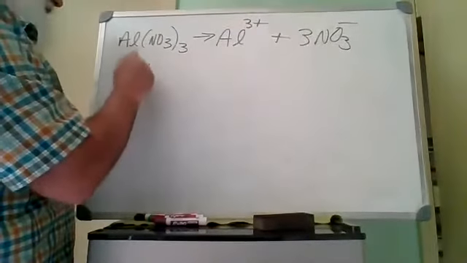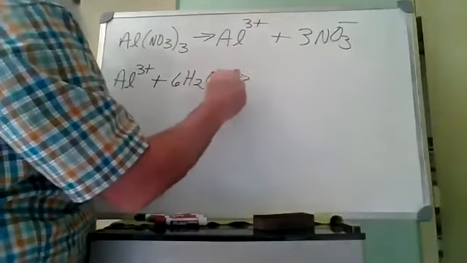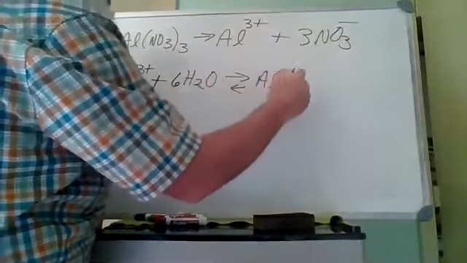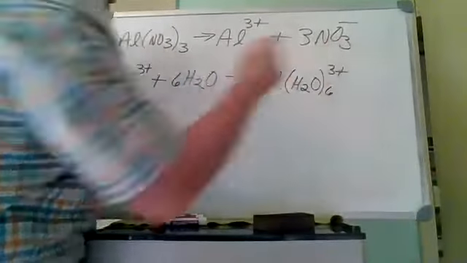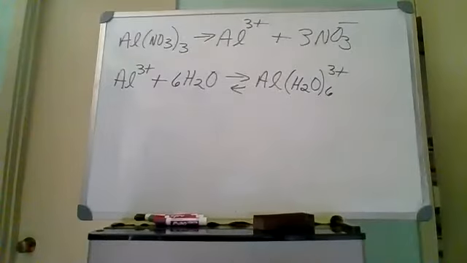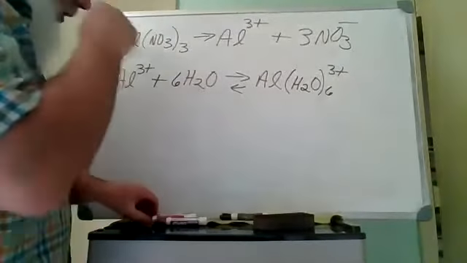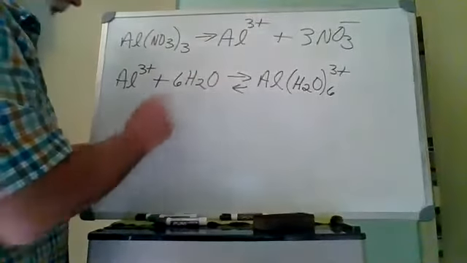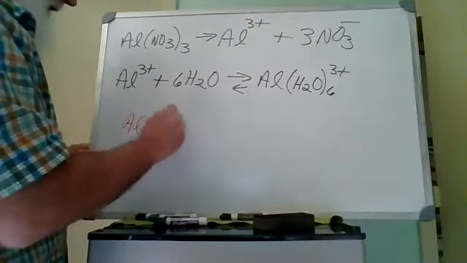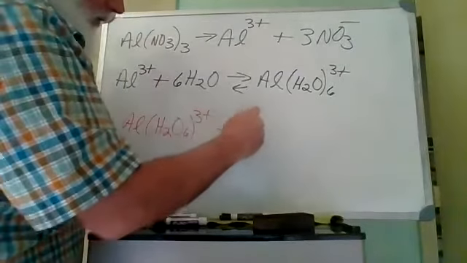Well, we already know that's going to form a complex ion in solution. So the aluminum accommodates 6 water ligands. But as we just saw a moment ago, one of these water molecules in the complex ion can in fact react with a solvent water molecule.